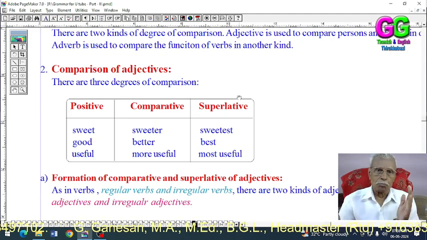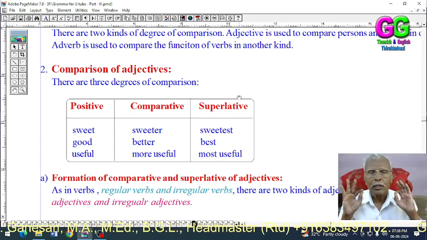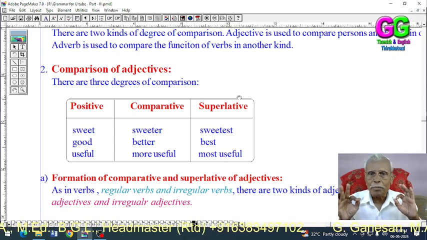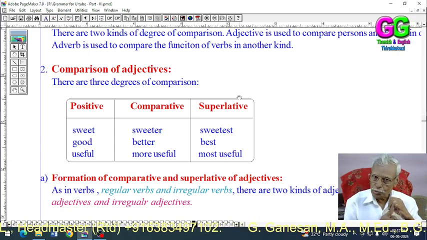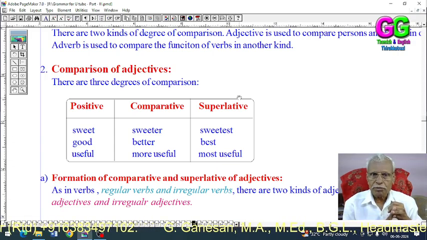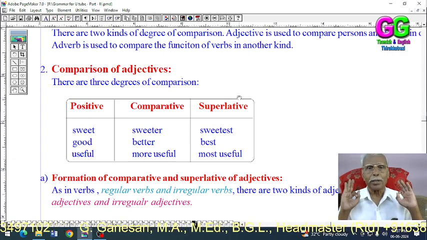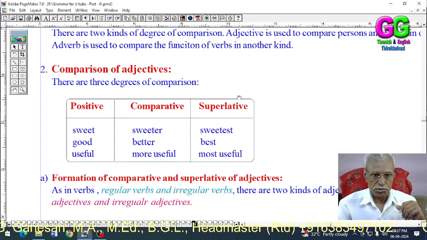In degrees of comparison, there are 3 scales. One is positive degree, the second is comparative degree, and third is superlative degree. These 3 scales are used in comparison. Positive, comparative, and superlative.